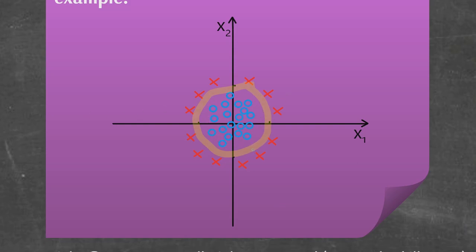So every time we have some data with two classes, we don't know how the data is going to be, we're going to try to learn this decision boundary. So this is the new goal.